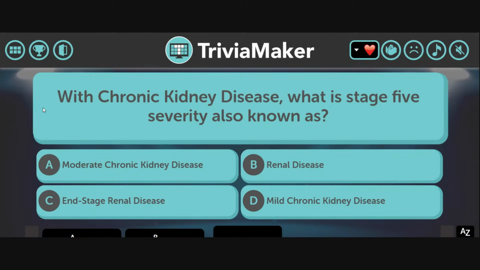This is supposed to be true or false, but we're getting a multiple choice. Is it known as moderate chronic kidney disease, renal disease, end stage renal disease, or mild chronic kidney disease? I know you guys know this one, so I'm not worried about it. Let me know in the chat.